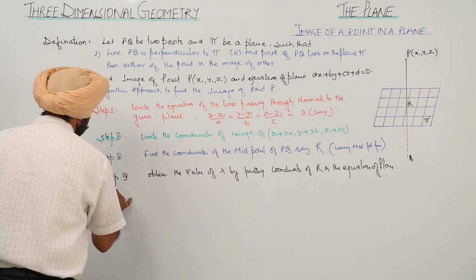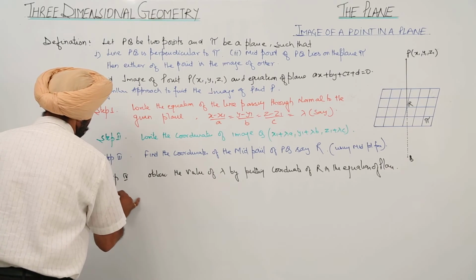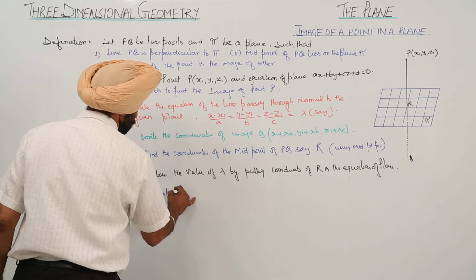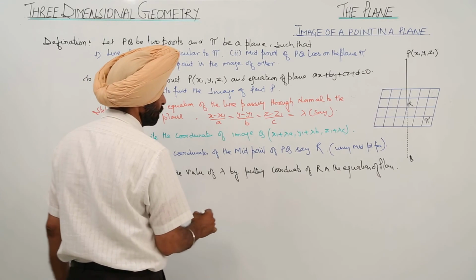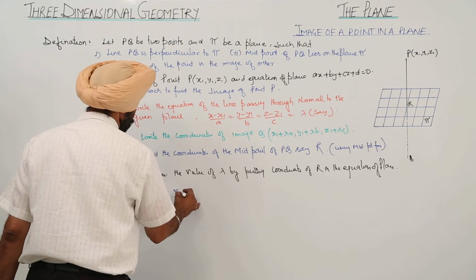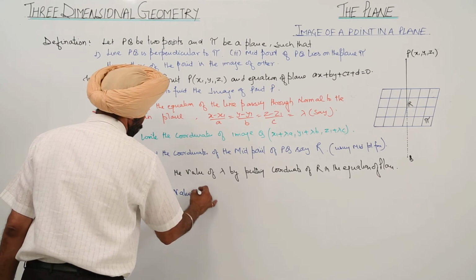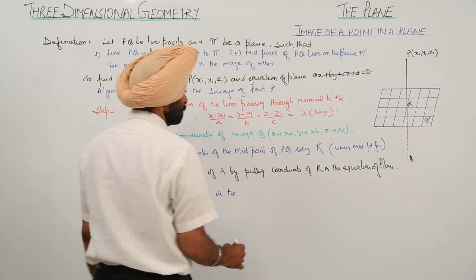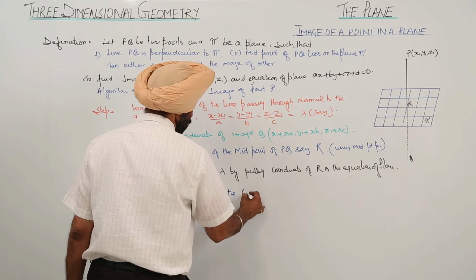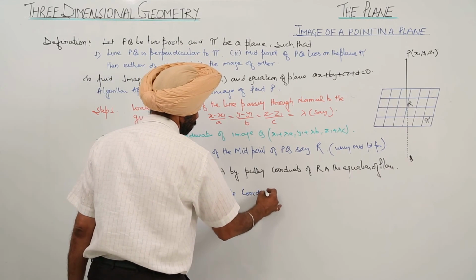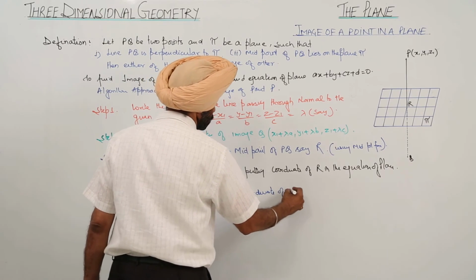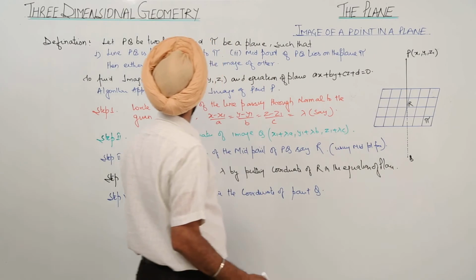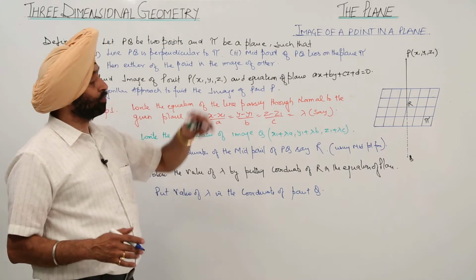Last step: put the value of lambda in the coordinates of point Q. Now this was the image of a point in a plane.